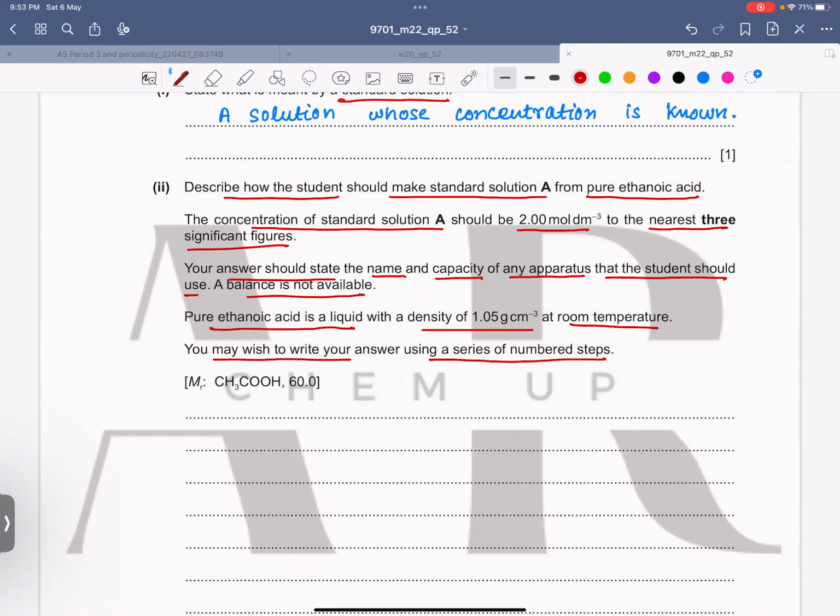Okay. So we are provided with the density, and they have informed us that pure ethanoic acid is a liquid, and from that liquid I have to form a 2 mole per dm cube aqueous solution of ethanoic acid.